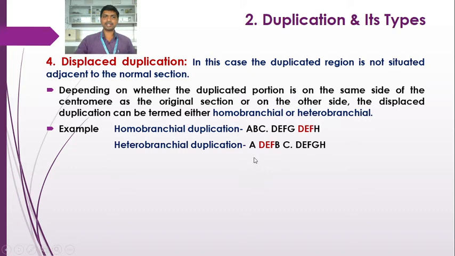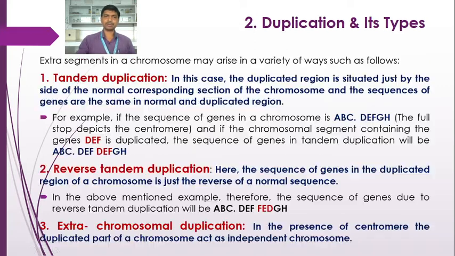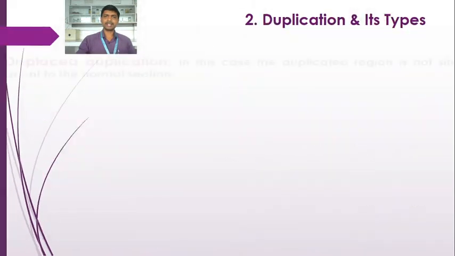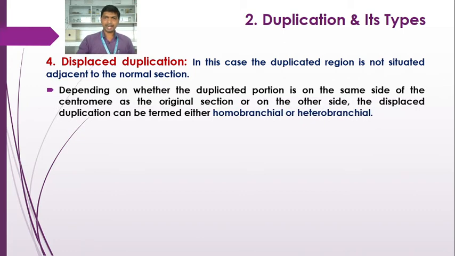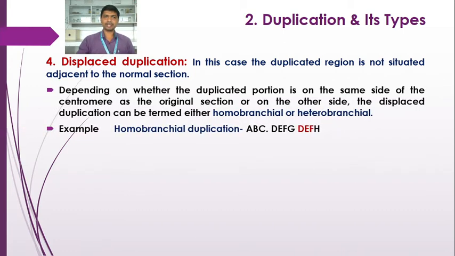Okay, so these are again the two types of duplication, the displaced duplication, where the duplicated region is not situated adjacent to the normal section. Okay, it is not situated adjacent. Here if it is present right after DEF, then it is the first type of duplication, that is the tandem duplication. But if this duplicated region of the chromosome is situated not adjacent to the normal section, then it is a displaced duplication.